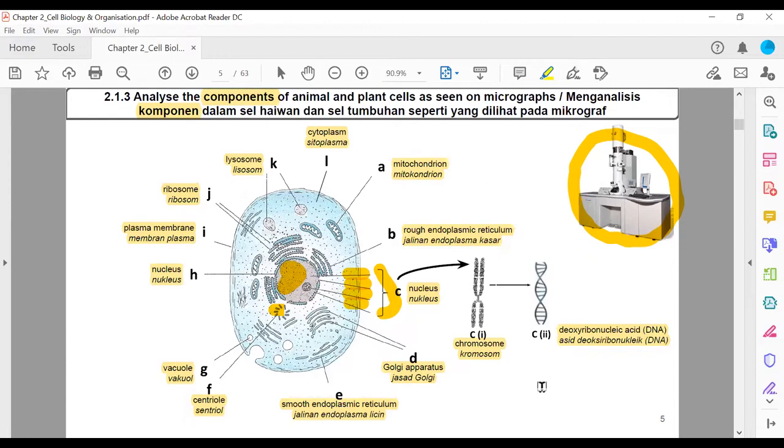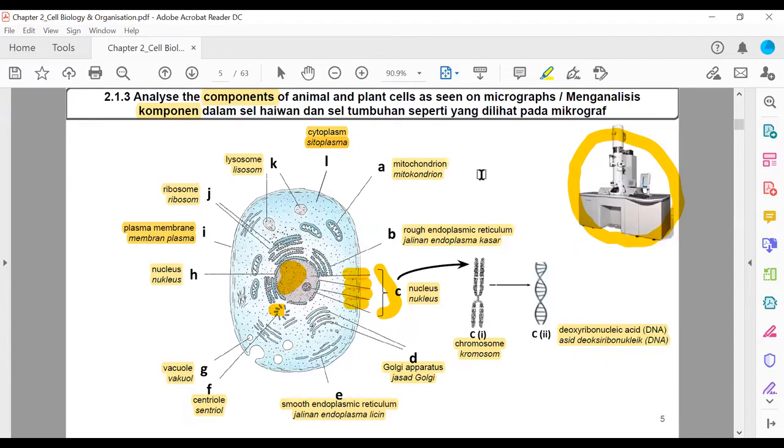Okay, for your information juga, plasma membrane dengan cytoplasm, okay, saya ulang balik, animal cell dengan cytoplasm bukan organelle. Yang lain tu mitochondrion, rough endoplasmic reticulum, nucleus, kromosom, jasad Golgi, jalinan endoplasma licin, kasar, centriole, vacuole, nucleus, ribosome, lysosome, semuanya dipanggil sebagai organelle.